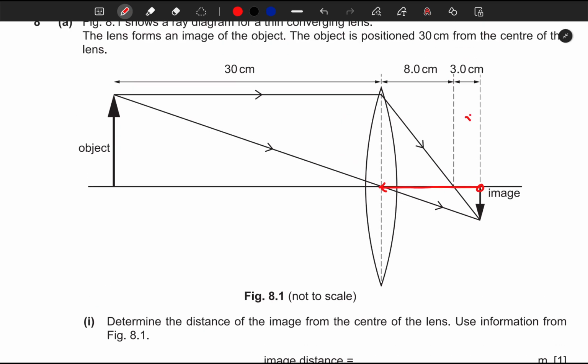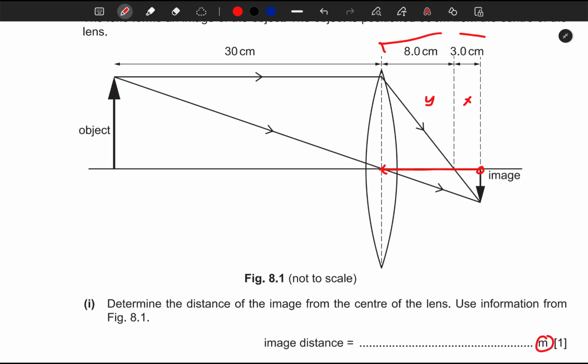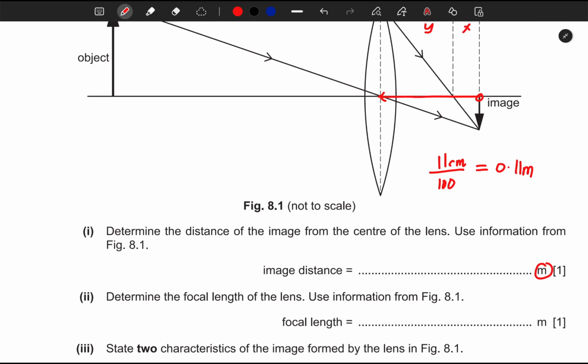That means we are adding this distance there and that distance there. So 3 plus 8, what is 3 plus 8? 11. Now they are wanted in meters, and these are centimeters, so careful. That would be 11 centimeters. We convert to meters, we divide by 100 to give us 0.11 meters. So we write 0.11.